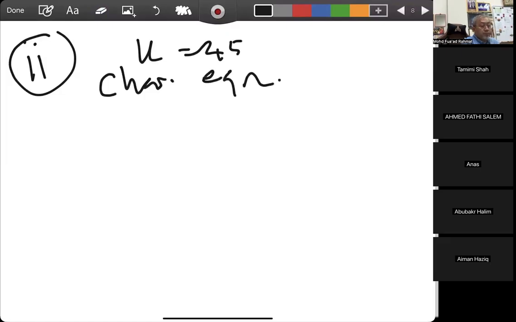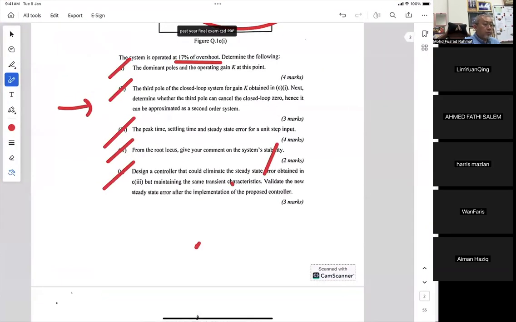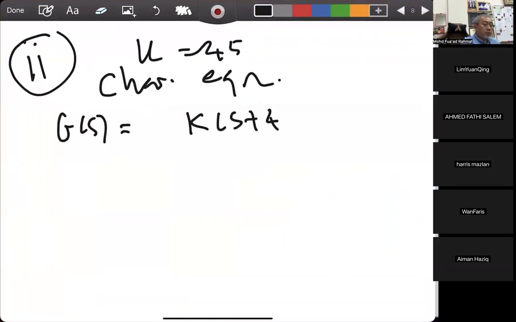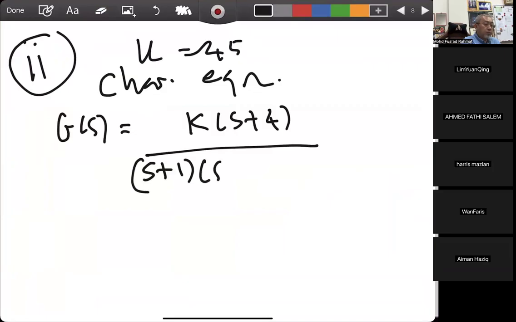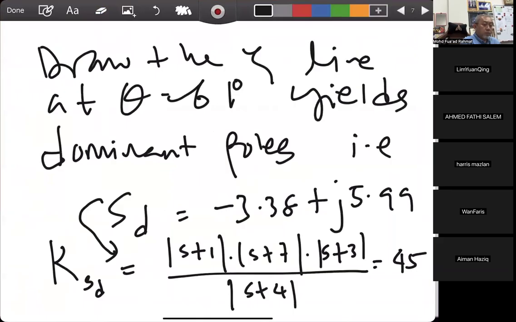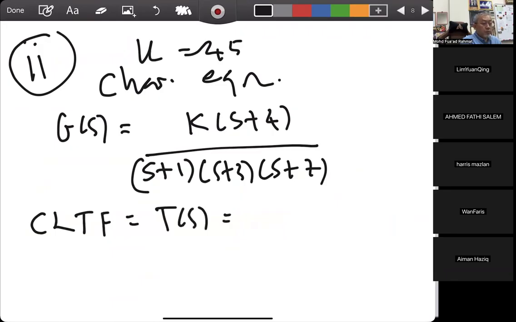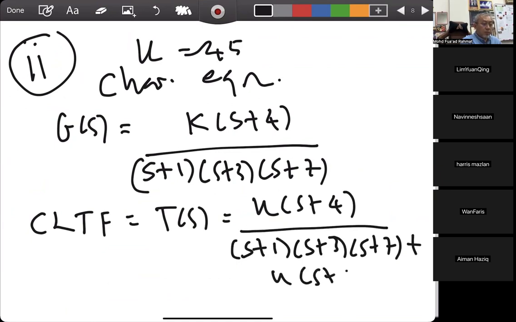Characteristic equation, yeah. What is the characteristic equation? G(S) is K(S+4) over (S+1)... Okay, so closed loop, which is 1 plus K(S+4)... correct?